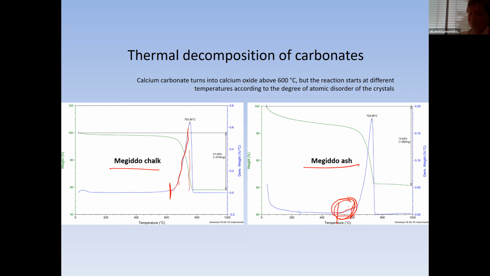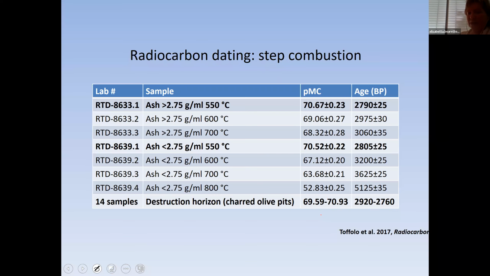So this development took several tests and control material to verify that indeed we have this separation completed. When this was done, on one side, we dated the layer with seeds, short-lived material, and we had a range of PMC for the seeds present in the destruction layer, which gave a range between 2,920 and 2,760 uncalibrated.